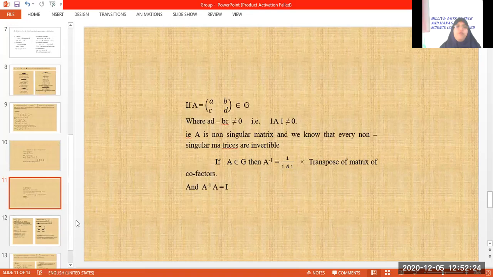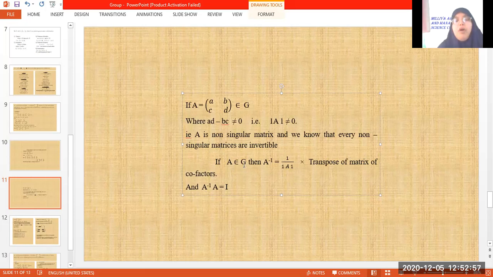Next is inverse. If A is equal to this matrix A, B, C, D belongs to G, given that AD minus BC is not equal to 0, that is determinant of A is not equal to 0, means A is non-singular matrix. And we know that every non-singular matrix is invertible.